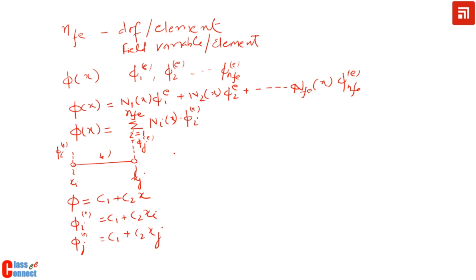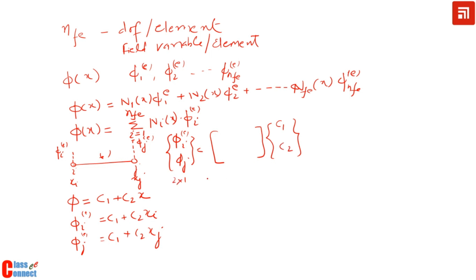So we can write this in matrix form as phi i, phi j is equal to a matrix times C1, C2.